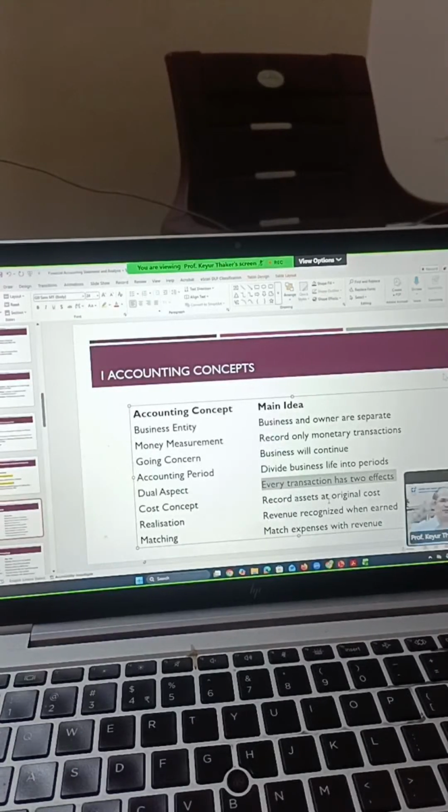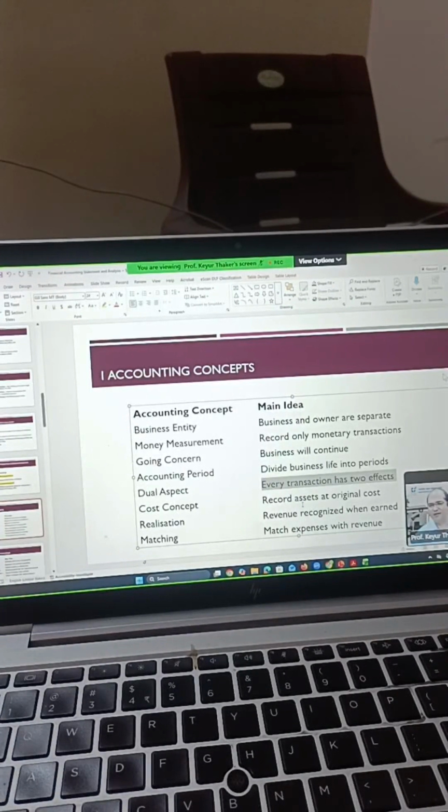My sales will be recorded in the P&L statement, and my outstanding will be recorded in the balance sheet. When I purchase an asset, my cash will come down, and instead of cash, it will be a building. I had 50 lakh cash. Now I have a 50 lakh building, so I have 50 lakh less cash. So there will be an effect.